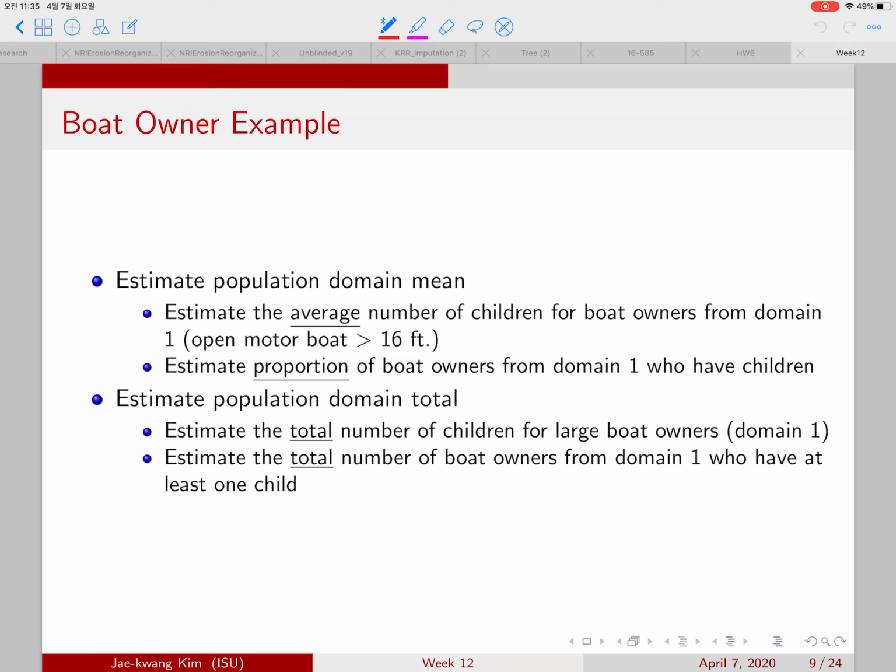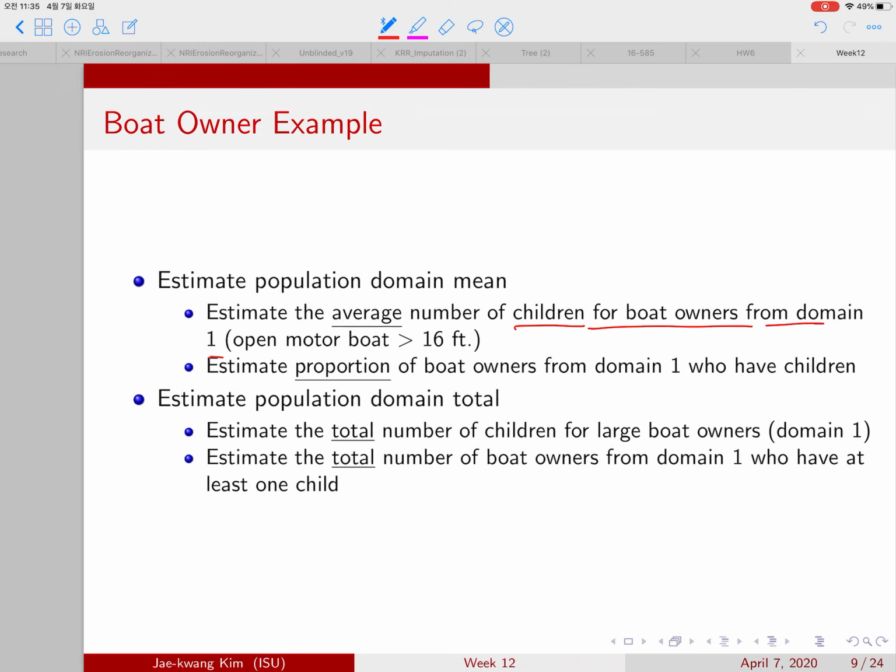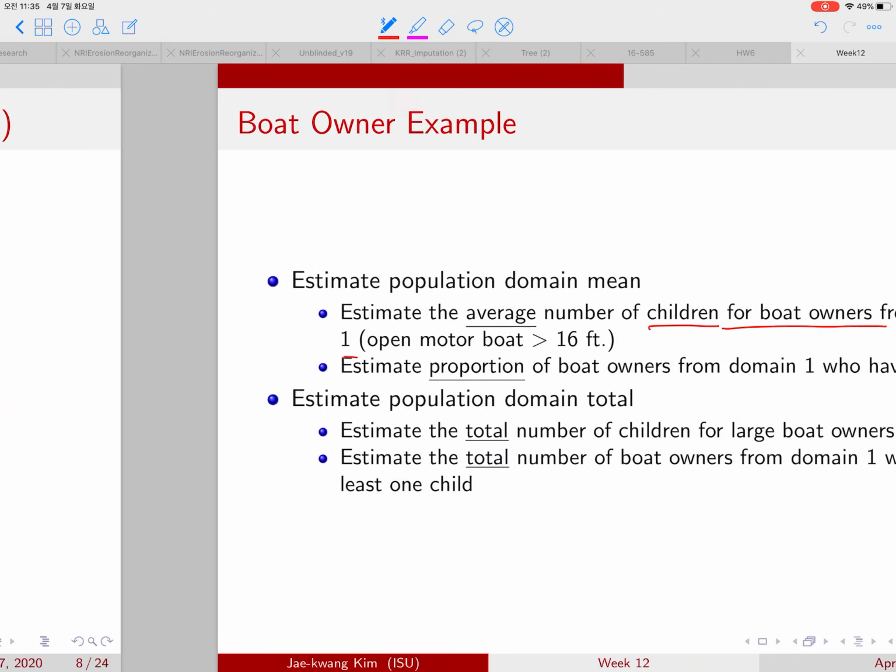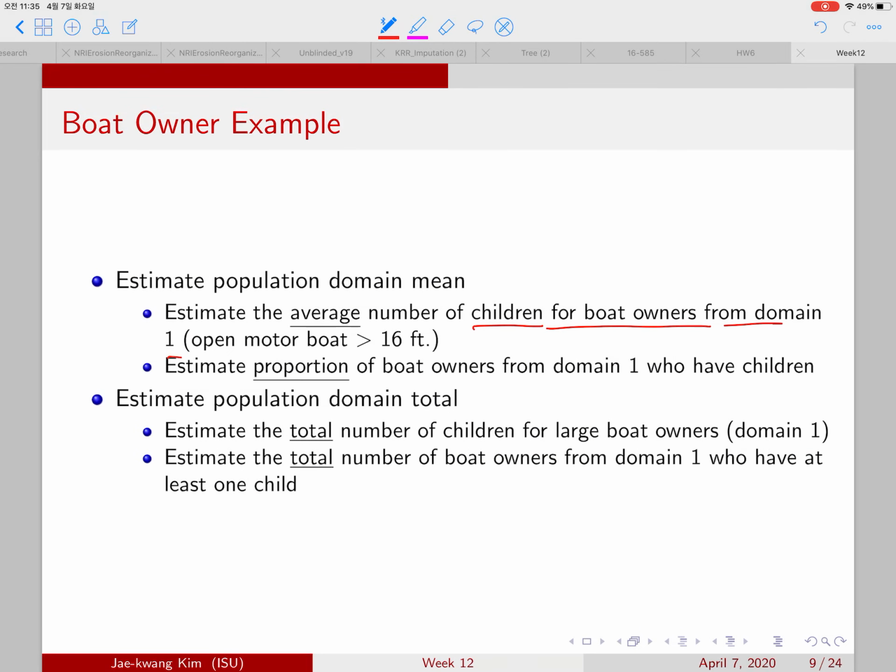From this survey, we can estimate the domain mean parameters or domain total parameters. For the domain mean, for example, we can estimate the average number of children for boat owners from domain 1. So domain 1 means the large boat, right? Or the parameter can be the proportion of boat owners from domain 1 who have children.